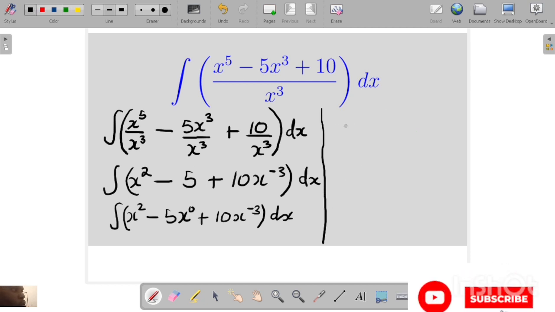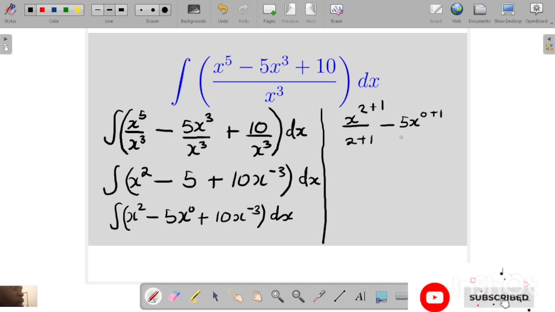So we are going to have x to the power 2 plus 1 divided by the new power, which is 2 plus 1, minus 5x to the power 0 plus 1 divided by the new power 0 plus 1, then plus 10x to the power negative 3 plus 1 divided by negative 3 plus 1, then plus the constant c, since this is an indefinite integral that has no limits.